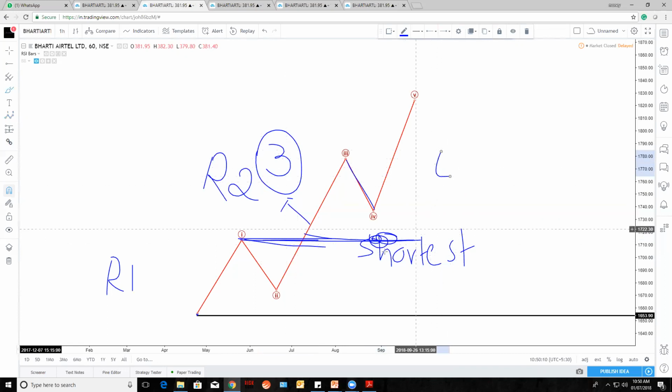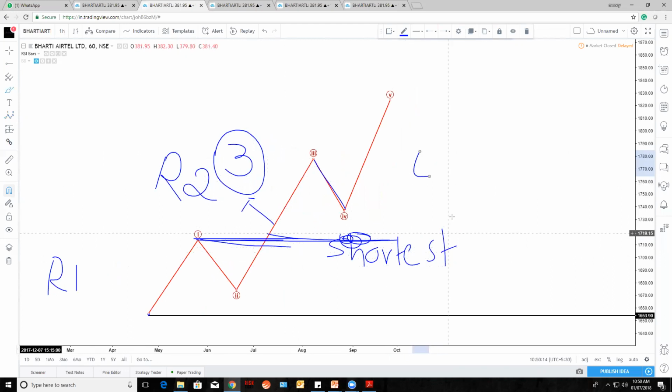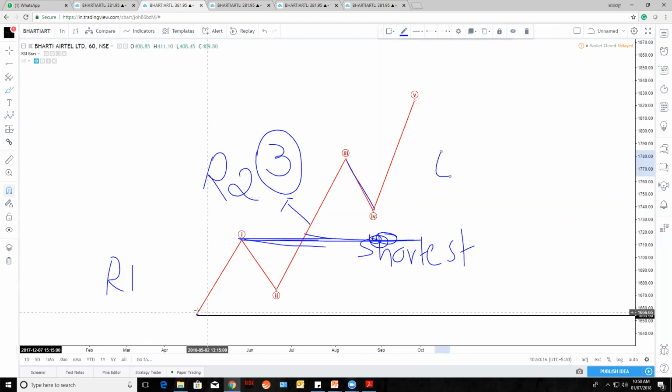I will explain that. First of all, just remember these three rules. These are very essential rules. One, wave 2 cannot retrace more than 100% of wave 1. Two, wave 3 cannot be the shortest wave. Three, wave 4 can't overlap wave 1. Got it? So these are the three rules.